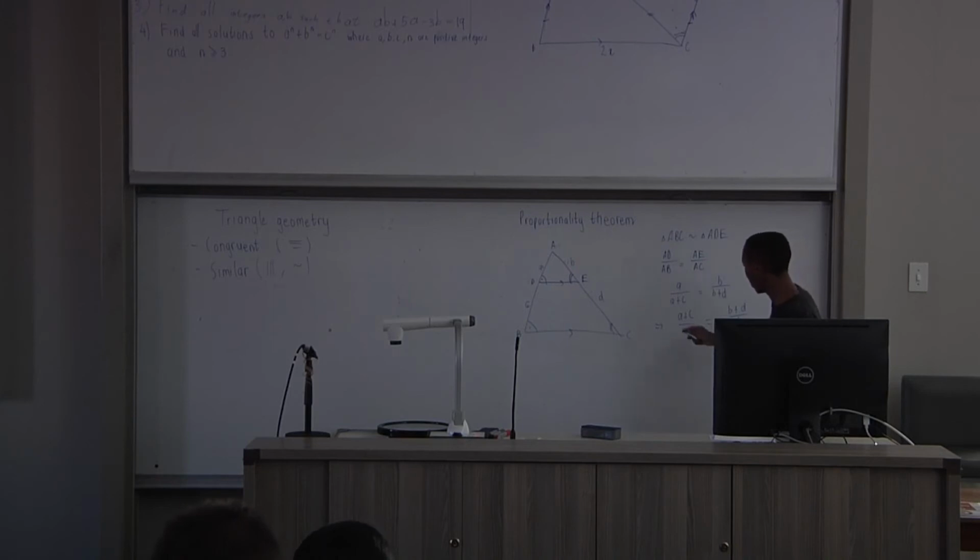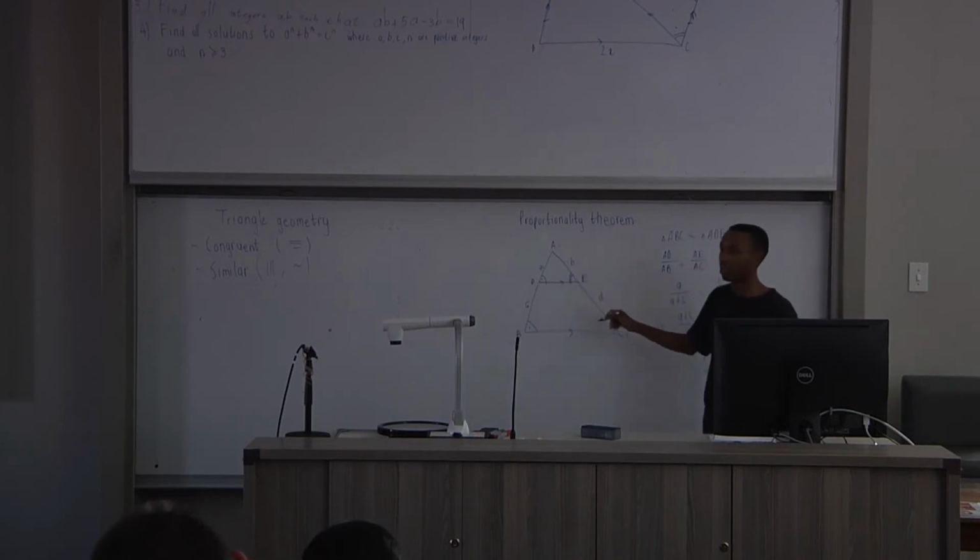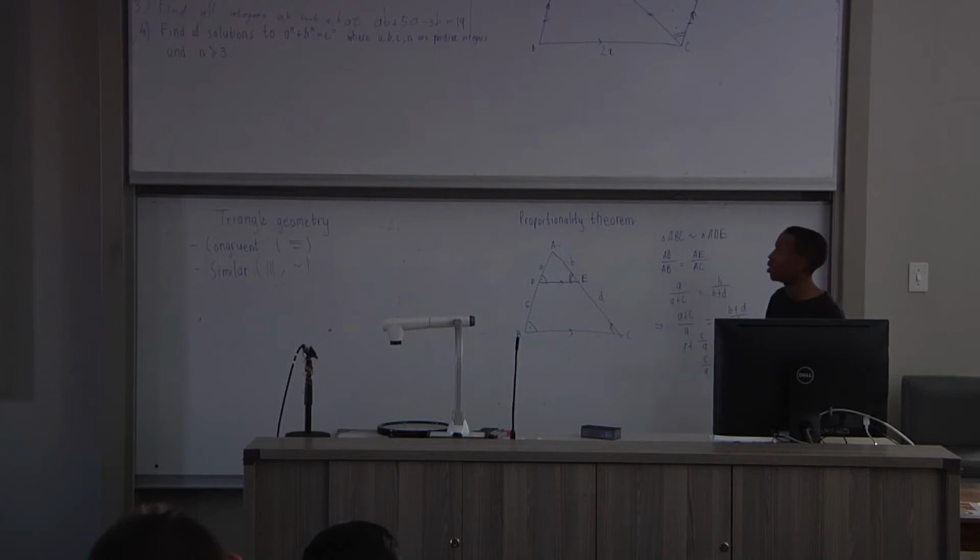So A over A is just 1 plus C over A is equal to 1, because B over B is 1 plus D over B, and then this one, just get rid of it. So C over A is equal to D over B. And then just taking the inverse shows that A over C is B over D. So yeah, also quite useful to use.